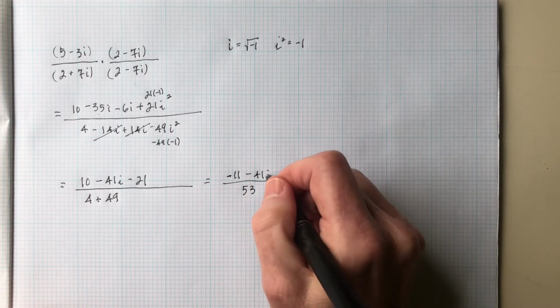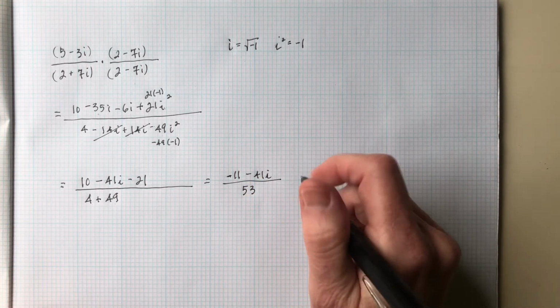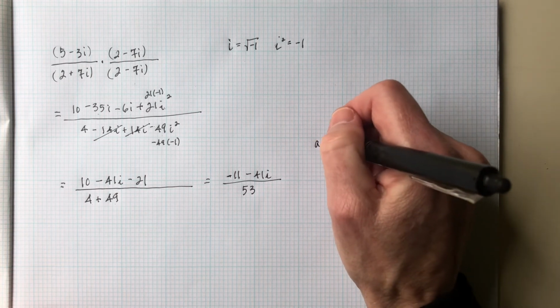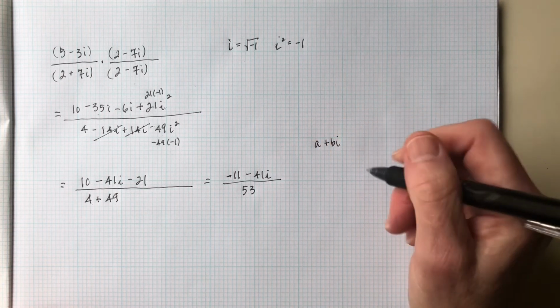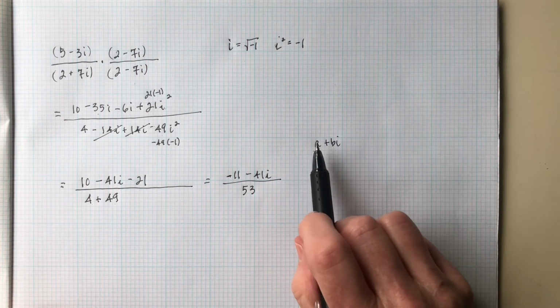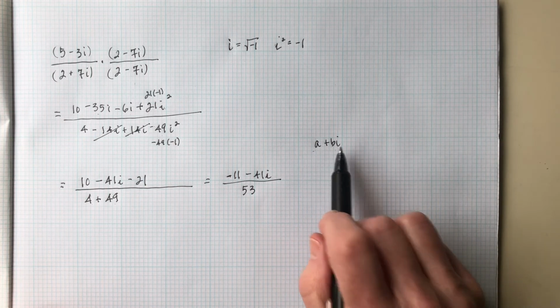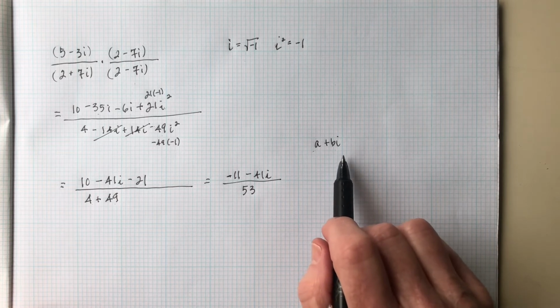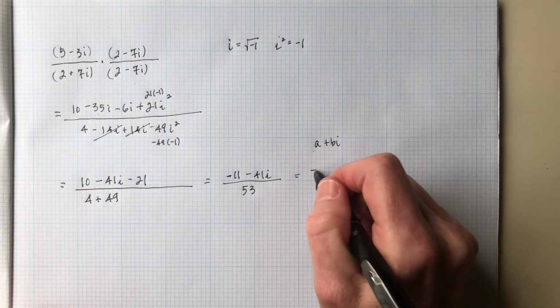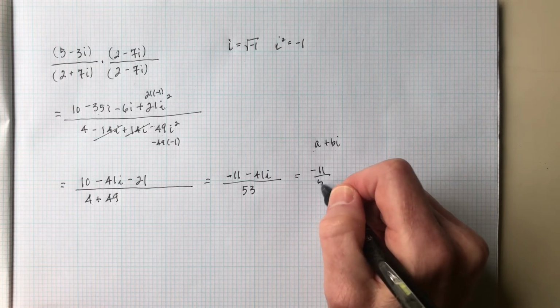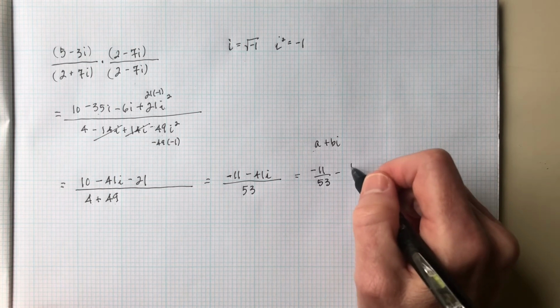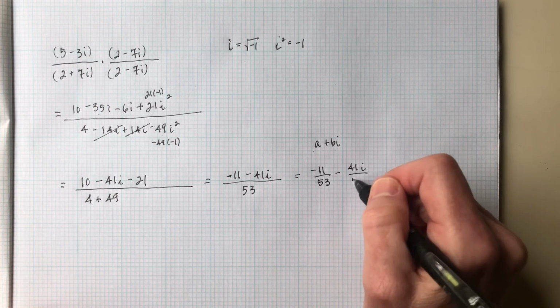And in a lot of cases, you will be asked to write your final answer in standard form, a plus bi. That just means the real number and then the imaginary number, there's your complex number standard form. So you could also write this as negative 11 over 53 minus 41i over 53.